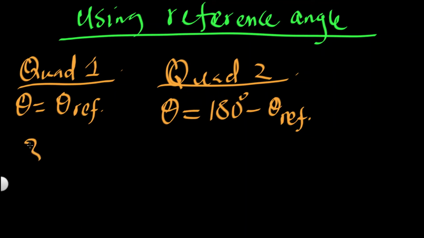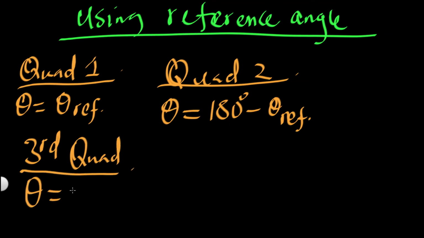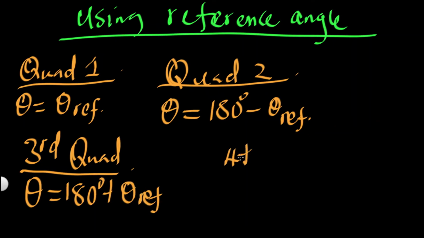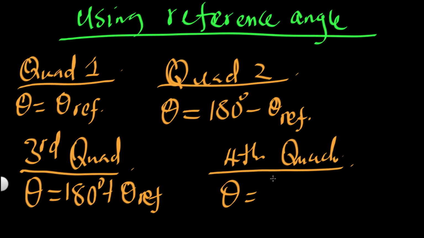Then in the third quadrant, your theta will be 180 degrees plus theta ref. And in your fourth quadrant, your theta would be equals to 360 degrees minus theta ref. This is how you use your reference angle.